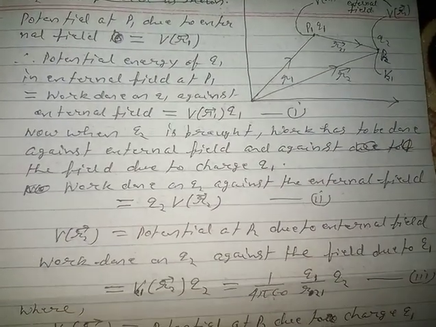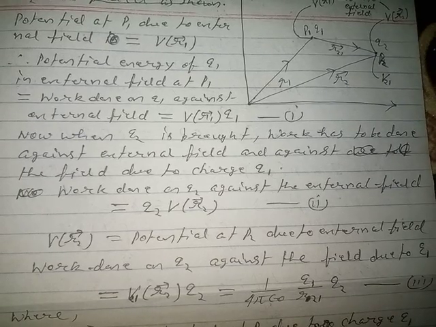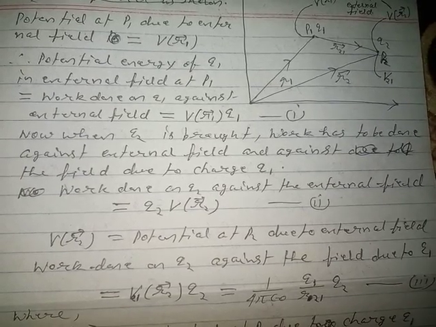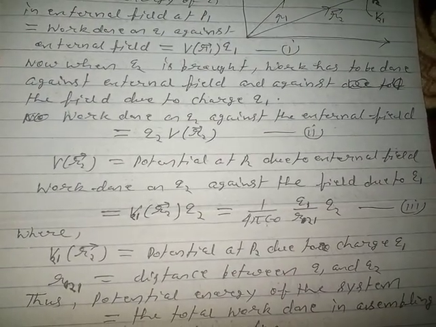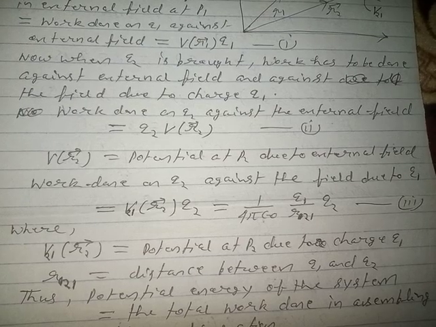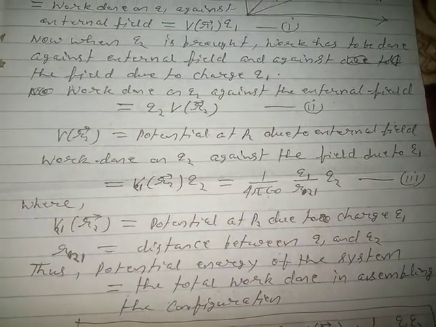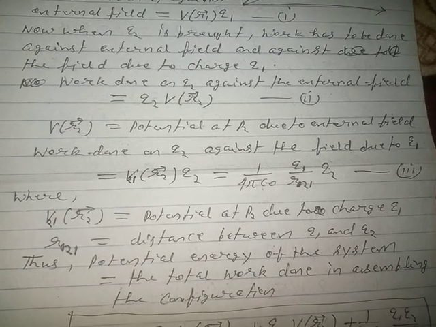Now when Q2 is brought, work has to be done against the external field and against the field due to charge Q1. Hence, the work done on Q2 against the external field equals Q2 into VR2, equation 2, where VR2 equals the potential at P2 due to the external field.